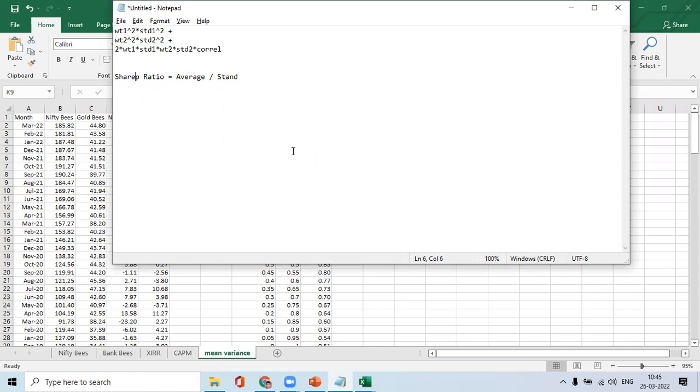Now, to get the highest Sharpe ratio, there are two ways. One is you get the highest returns and the lowest standard deviation, then the number is high. So this is a positive number, and this is also a positive number. If you add two positive numbers, you get a bigger positive number.